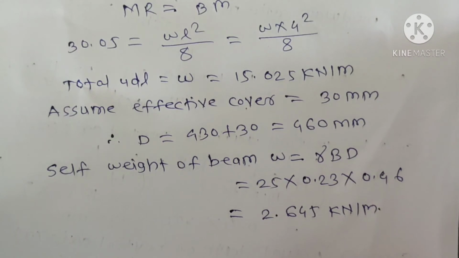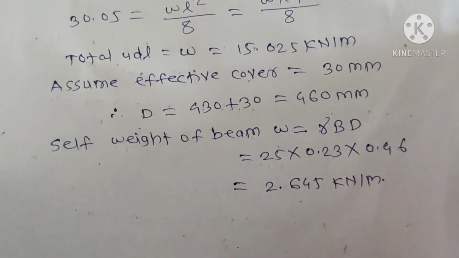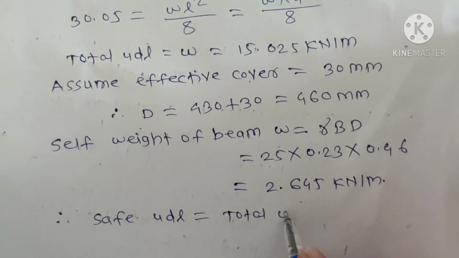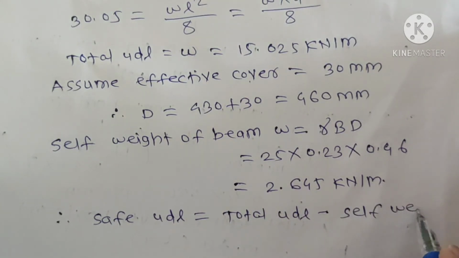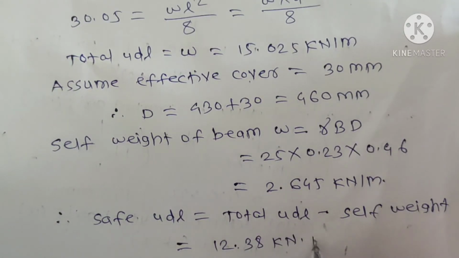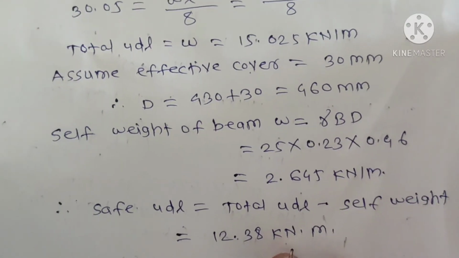Therefore safe UDL is equal to total UDL minus self weight, which is 12.38 kilonewton per meter.